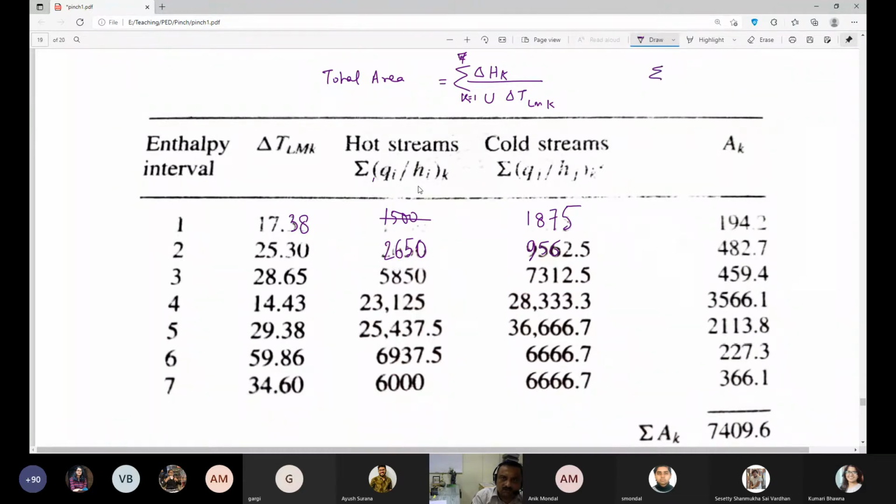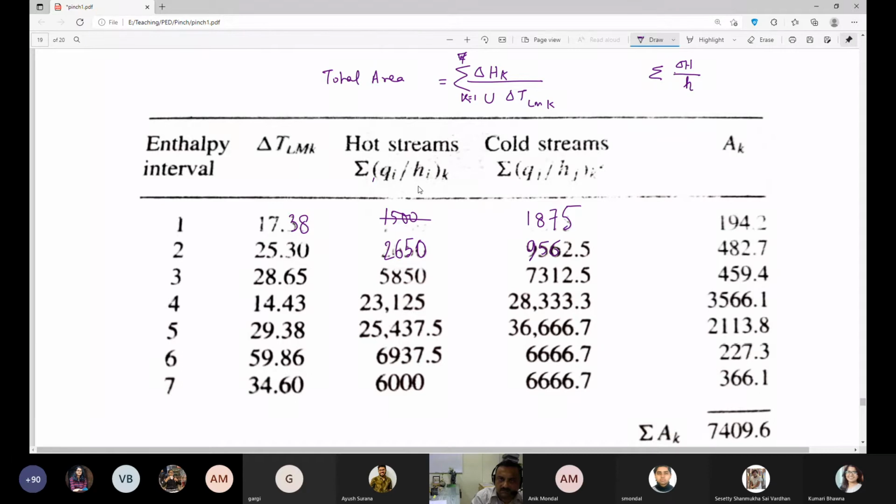The delta H remains the same for that segment. We already have that delta H value given there, and then divide by the corresponding film heat transfer coefficient.